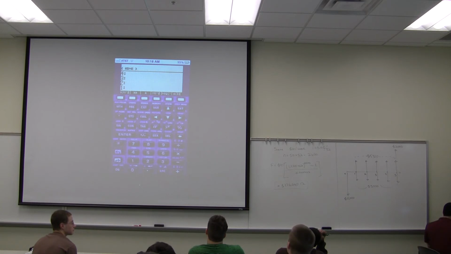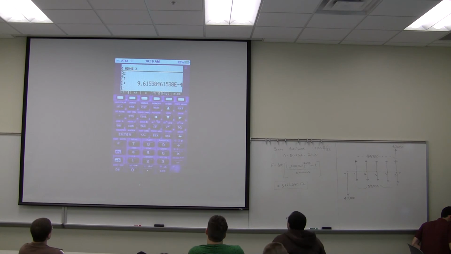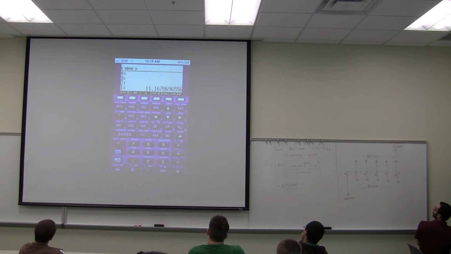In this example, we had 0.05 divided by 52, plus 1, to the 2,600 power, minus 1, divided by 0.000962, and then times 10. I typed it in wrong at first, it's 52, not 12.